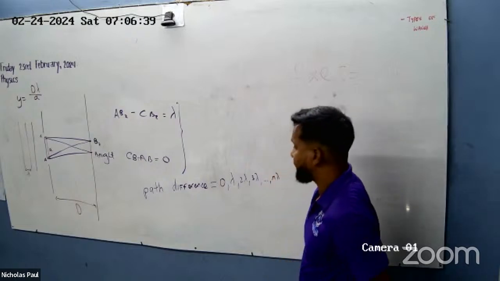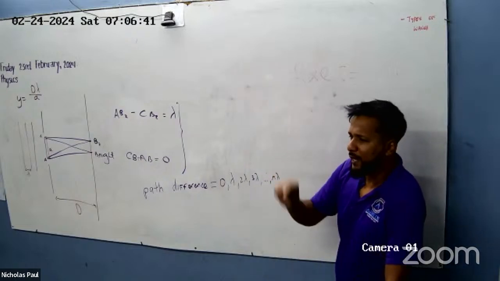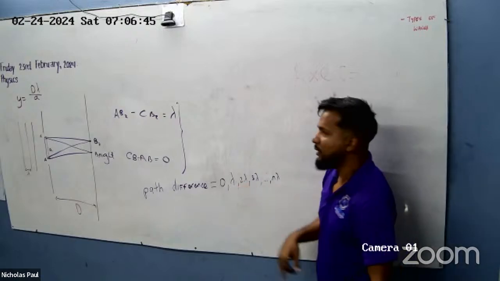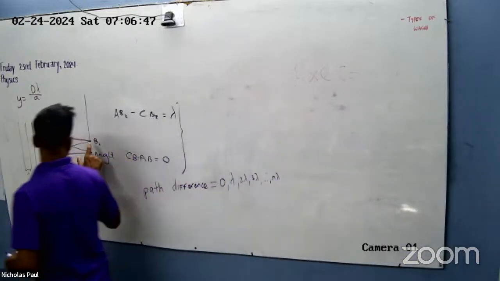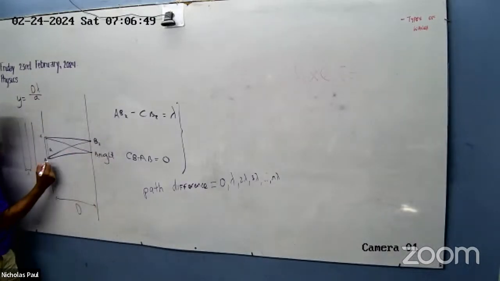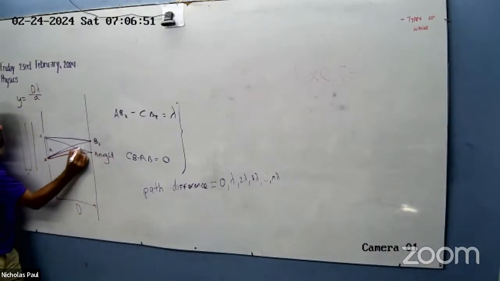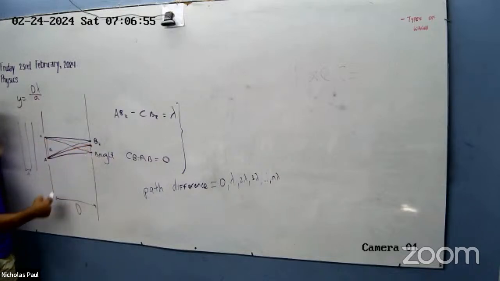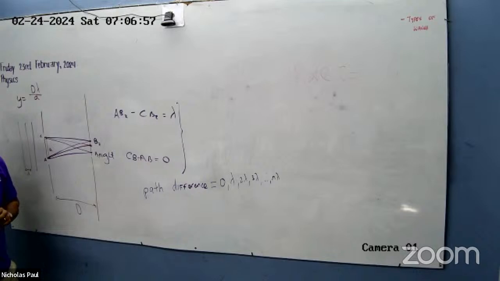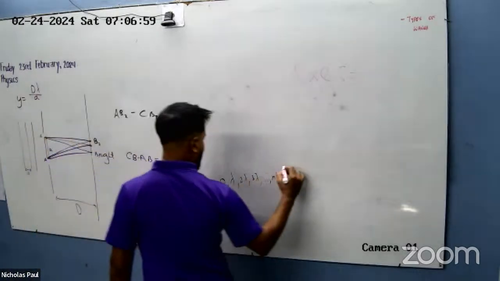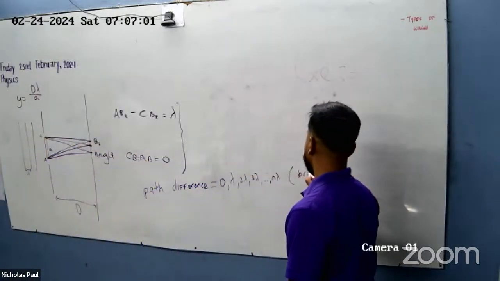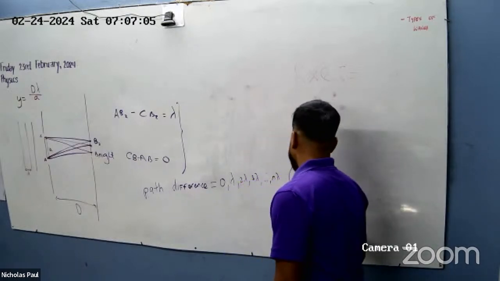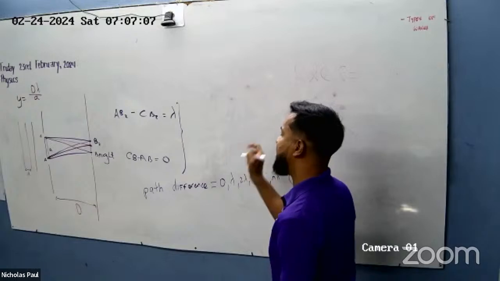Where would you expect to find dark? In between, right? So if a ray leaves here and it reaches here, in between there you expect to find dark. This is a bright fringe. For dark now, what do you all think the path difference will be?